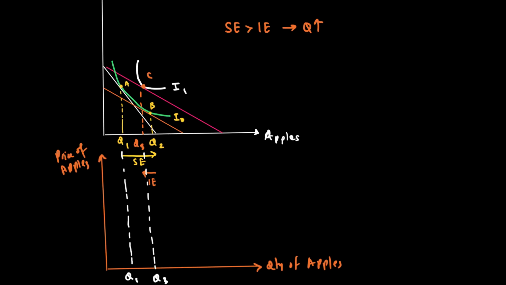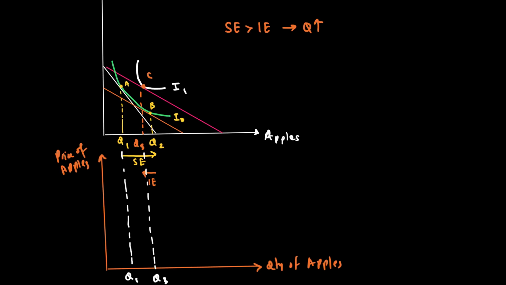This quantity change is much smaller than the quantity change above, because there was income and substitution effect that were both adding to my price effect. But in this case, my only substitution effect is saying buy more, and income effect is reducing that effect, because income effect says I'm going to buy less of this good.